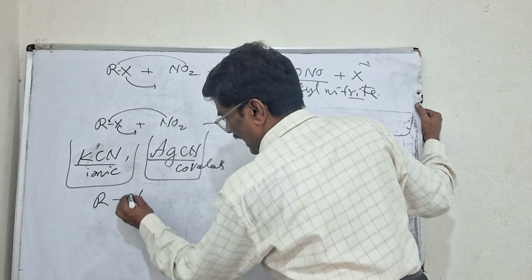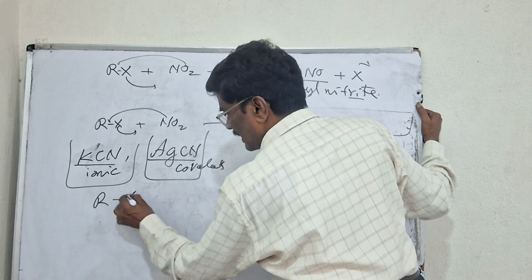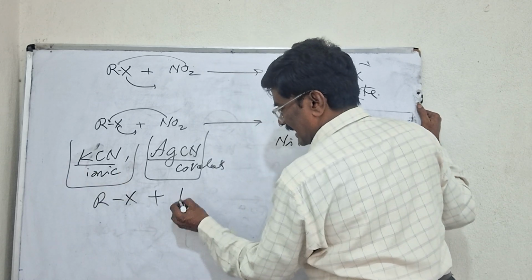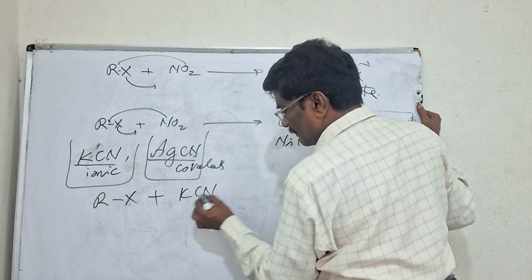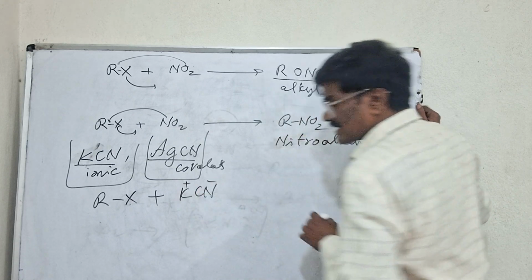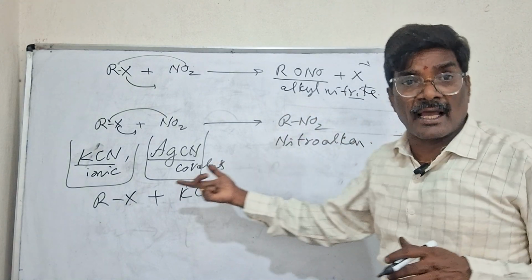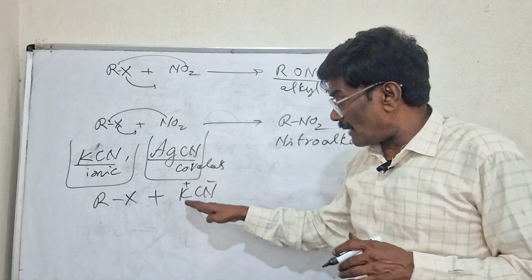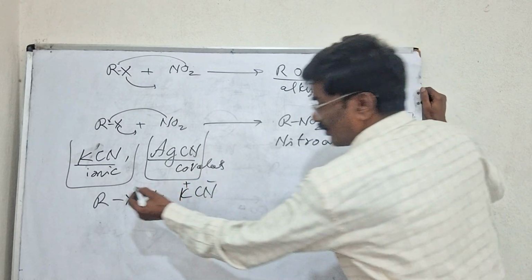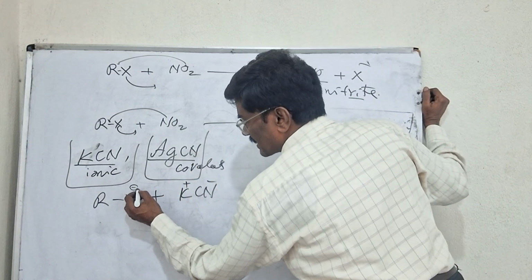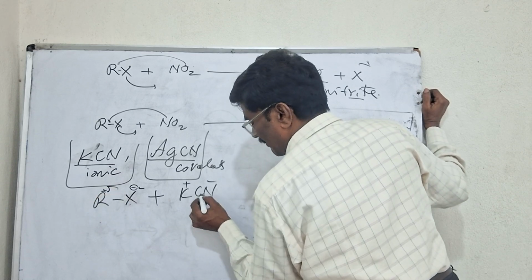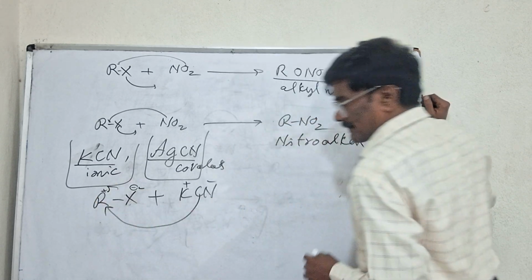When RX is added, KCN produces K plus and CN minus ions. Since it is an ionic compound, it produces oppositely charged ions. Now you know very well, the carbon of RX is partial positive and the halogen is partial negative. So our cyanide attacks this carbon.